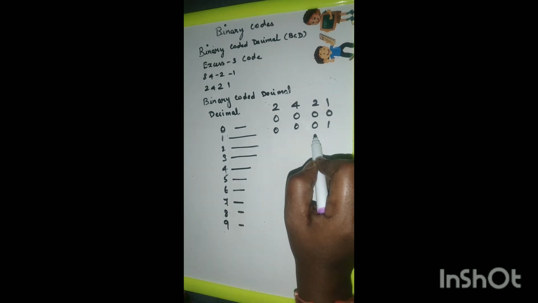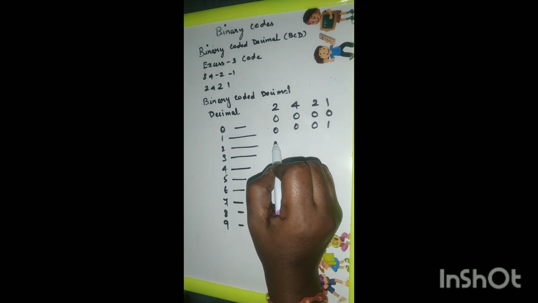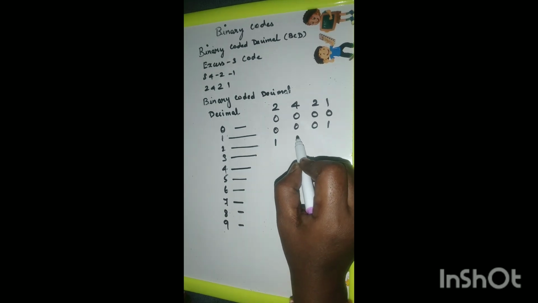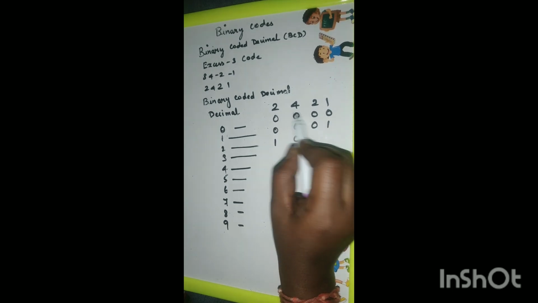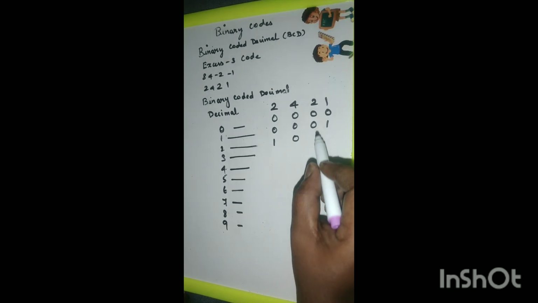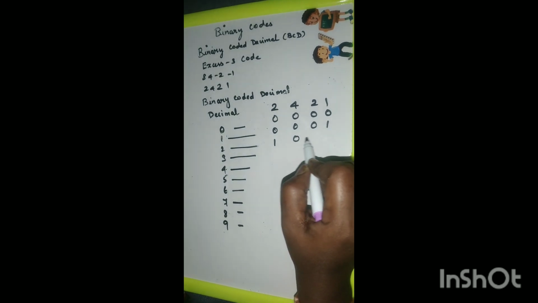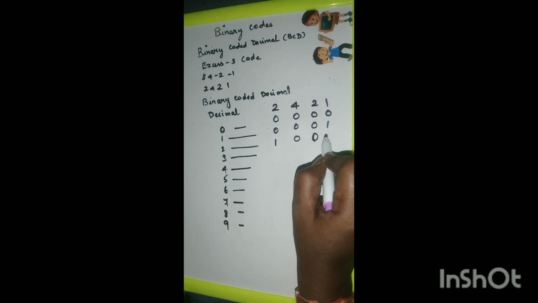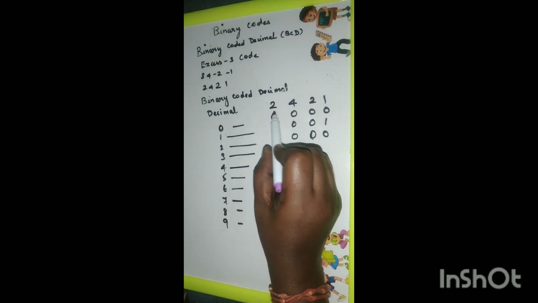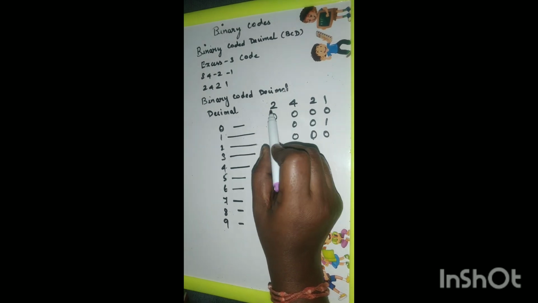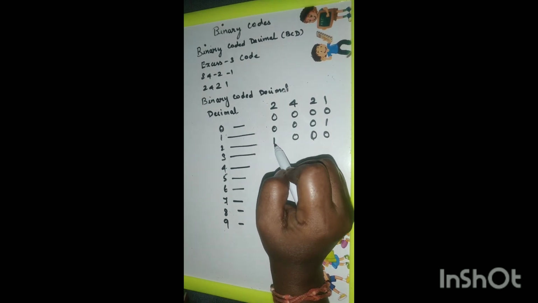For 2, we have 2, and we can choose any one of the 2s. I choose this 2, so I put 1 here.